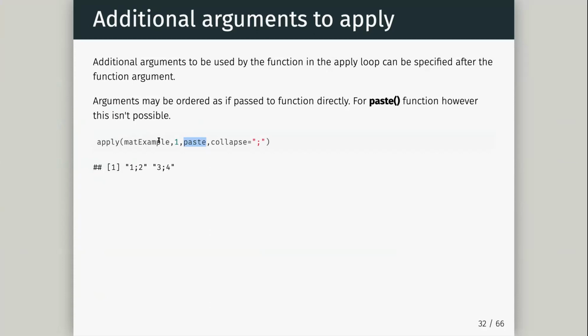So in this place, I want to apply the paste function to every row, set by 1, of my matrix, and I want the collapse argument passed to paste to be a comma. If I have any additional arguments I want to pass to this function, I put them after the comma. This means we're allowed to do something a little bit more complex.